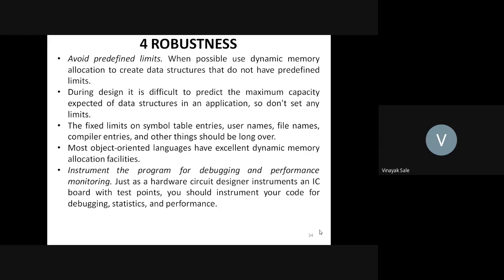So, do not set any limit. The fixed limits on symbol table entries, usernames, file names, compiler entries, and other things should be done away with. Most object-oriented languages have excellent dynamic memory allocation facilities.